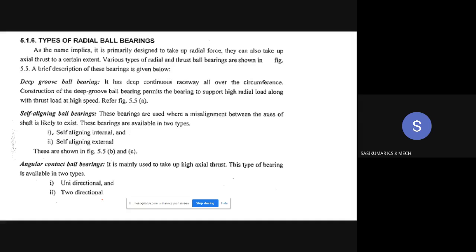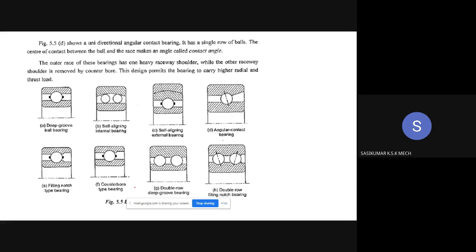Okay. So as I told, I have also shared the PPT of fifth unit. So you can make use of that also. Okay. And this figure is also available in the data book page number 4.1.